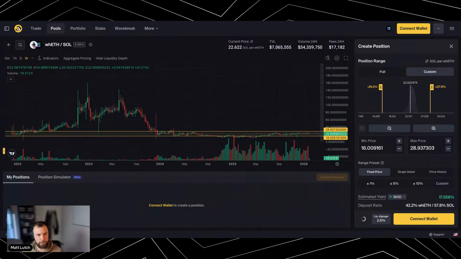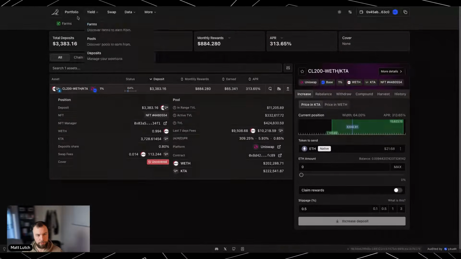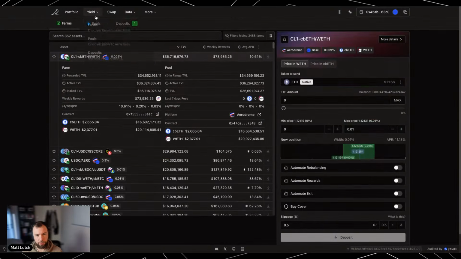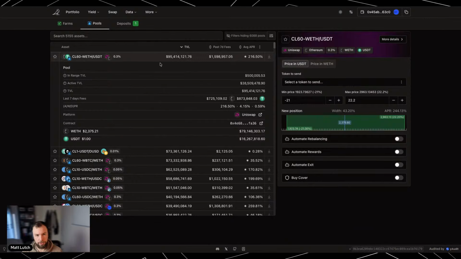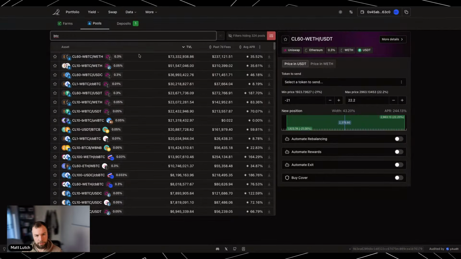So a lot of people, what they'll do is they'll go on farms, they'll go on pools, they'll go on VFAT, and they'll look at these here, which are the main two assets, right? The main two assets, which are Bitcoin and Ethereum.